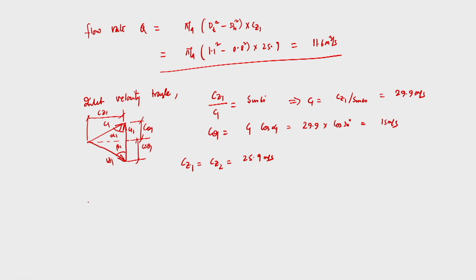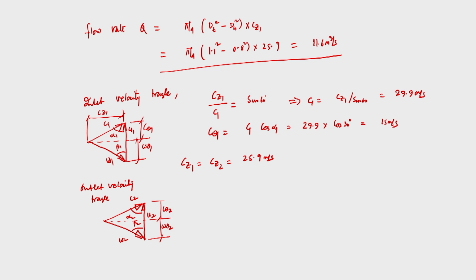And if we draw the outlet velocity triangle, this is U2, this is C2, this is W2, this is alpha 2, this is beta 2, W theta 2 and C theta 2.